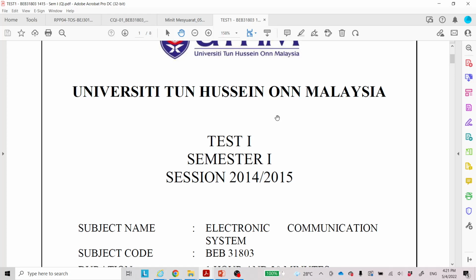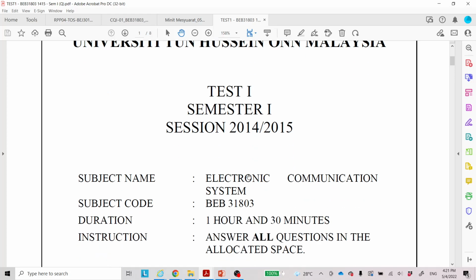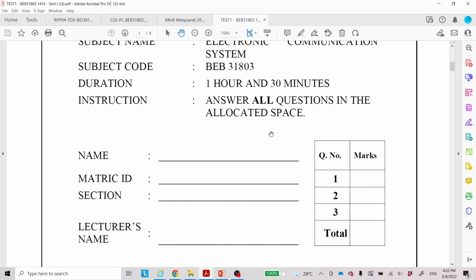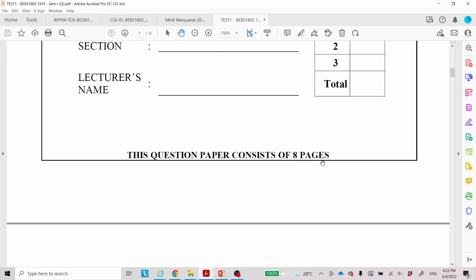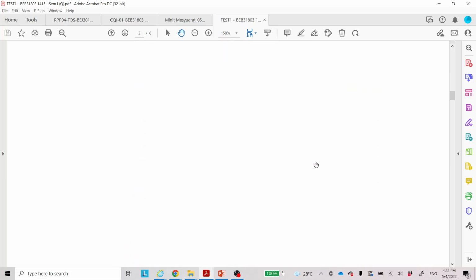Okay, this is a long time ago, 2014, 2015. Why I choose this example? Because this is a good example about the noise. So let's go to question number 2 about the noise.